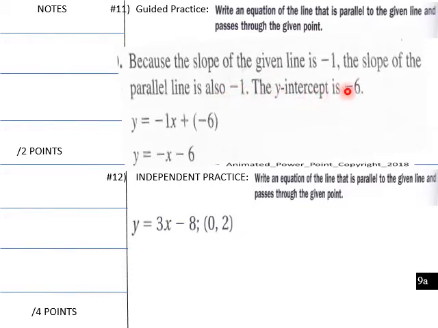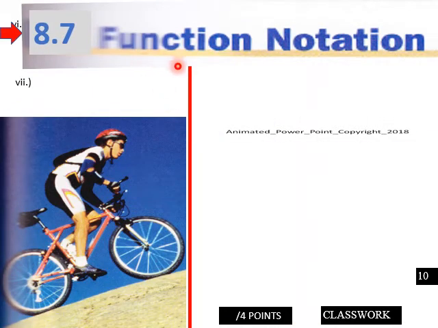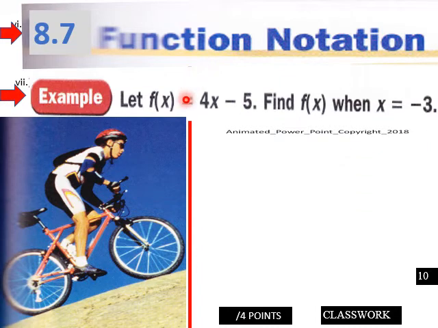The y-intercept is negative 6. So here it is. Y equals negative 1x plus negative 6, or y equals negative x minus 6. There it is, done.